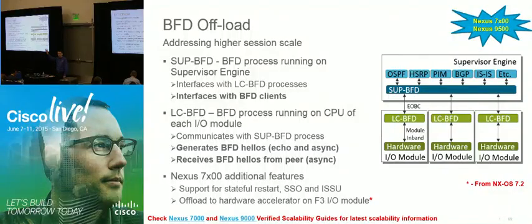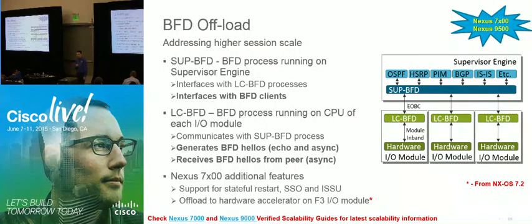Having the clients register, telling the line card BFD component, hey, bring me up a session. If the session goes down, line card BFD tells it, hey, the session went down. Go do something. Tell OSPF that the session they registered for went down. So we generate the hellos on the line card. We receive the hellos on the line card on both platforms. Again, we do that for scale.